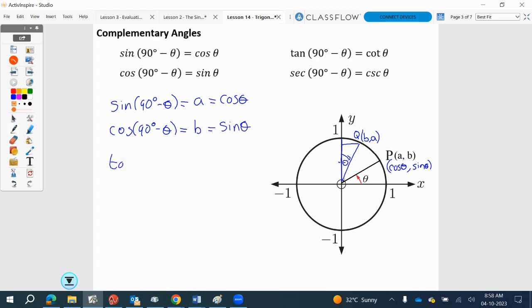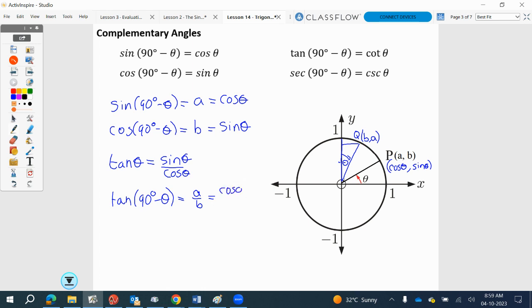If we remember, tangent of the angle theta is sine of the angle over the cosine of the angle. So using this for tan 90 minus theta, we need to get the point Q. We need the sine value, which is A, over the cosine value, A over B. Now, that is equal to, at point P, cosine over sine.